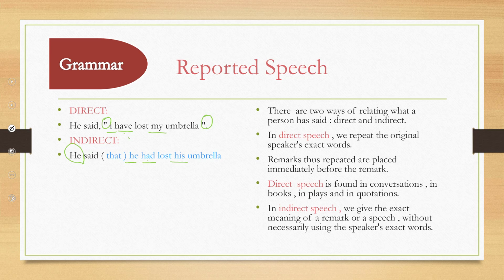It is found in conversations, in books, in plays, and in quotations. In indirect speech, like in the second sentence, we give the exact meaning of the remark or a speech without necessarily using the speaker's exact words.